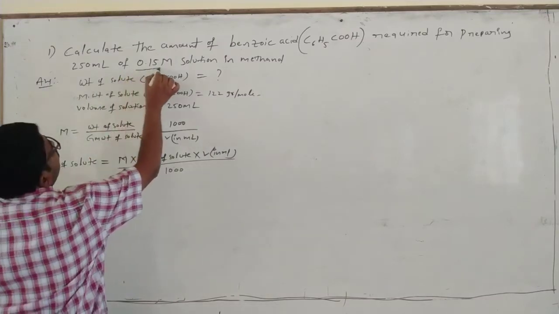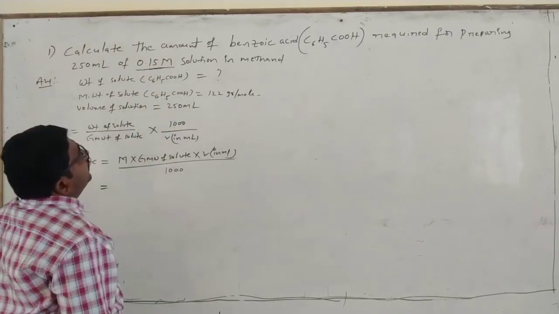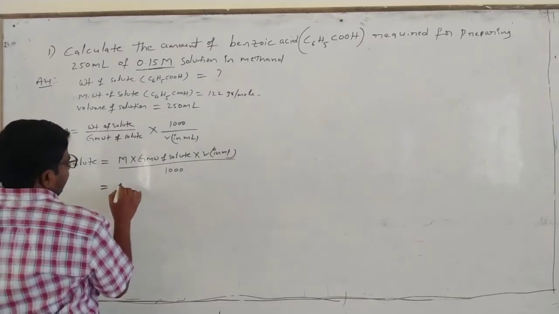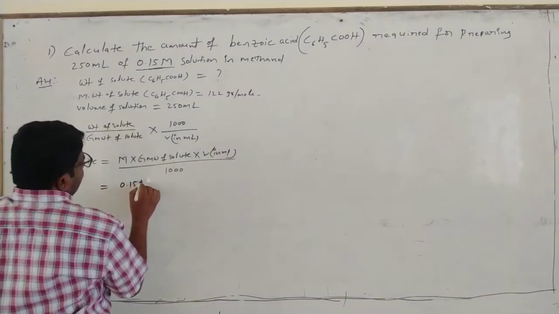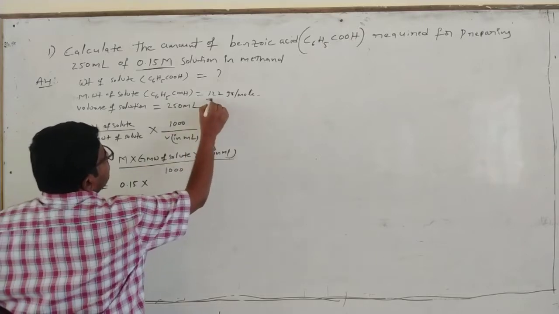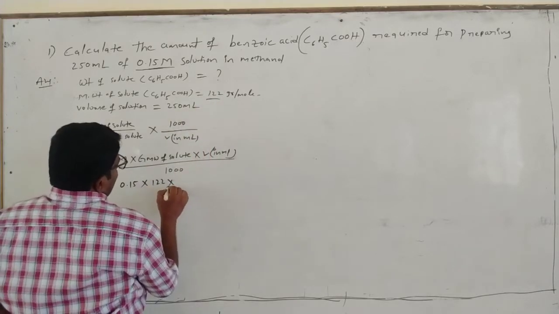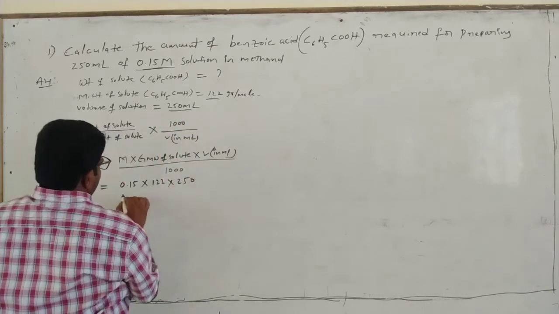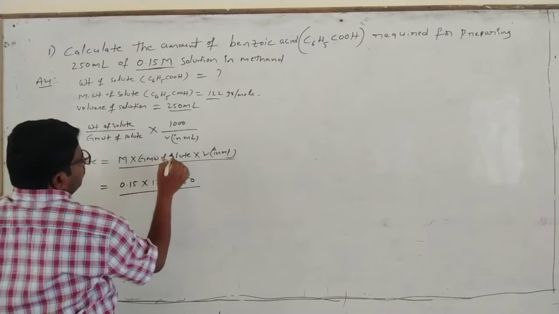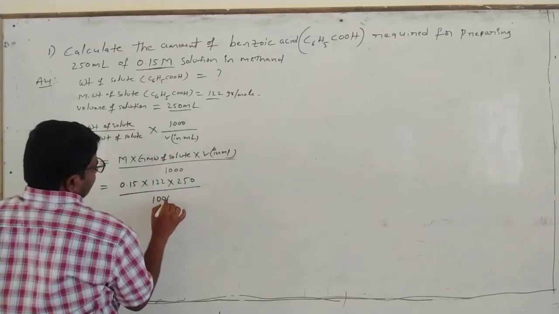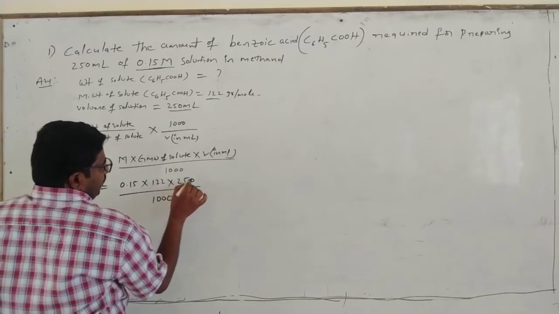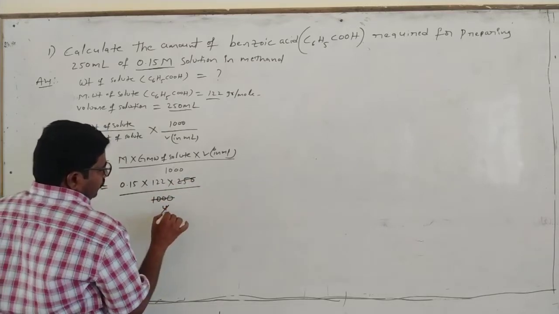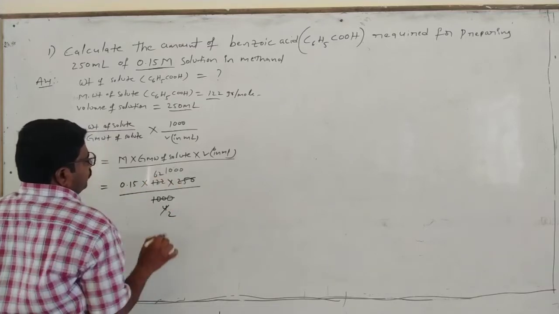It is given, 0.15 molarity. Capital M indicates molar. So molarity is 0.15, into gram molecular weight 122, and volume is how much? It is given, 250 ml, 250 by 1000.